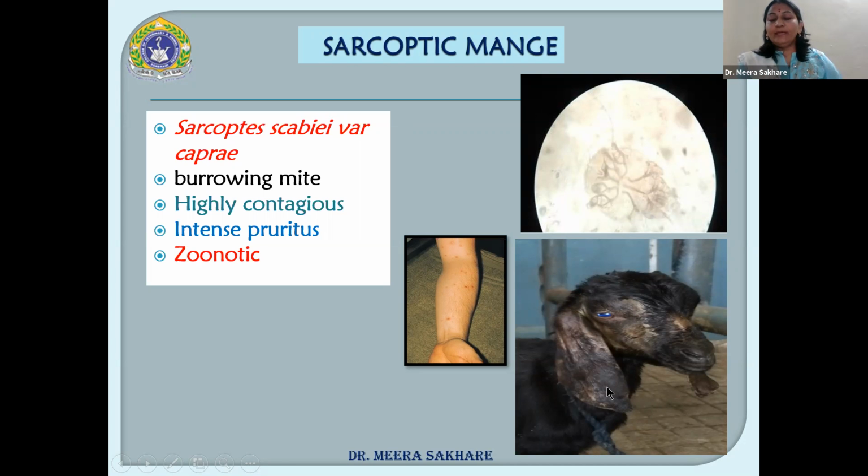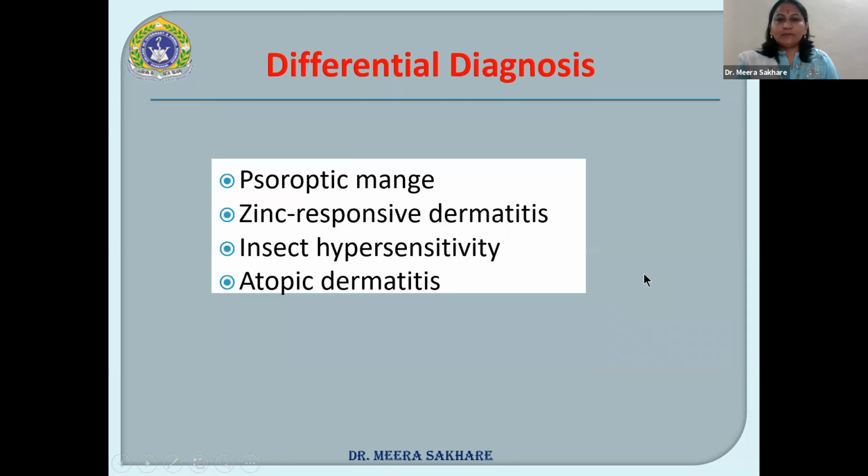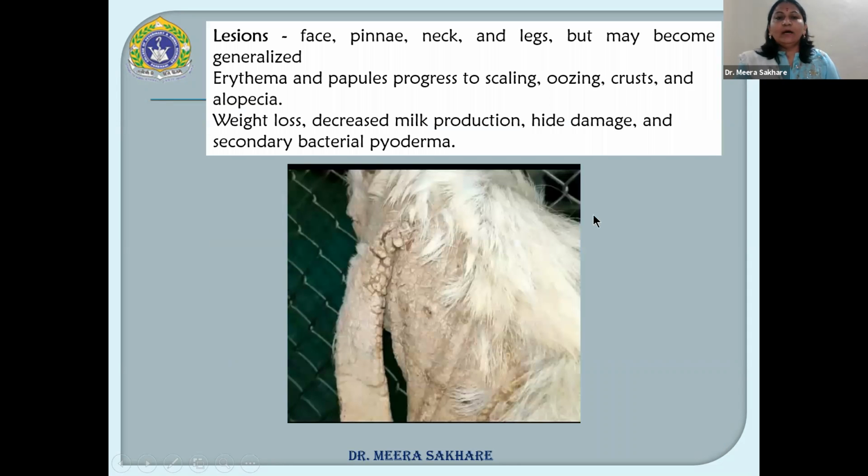In sarcoptic mange, mainly the head and ear of the animal are mostly affected. No doubt the whole body can be affected, but most of the lesions are found on the head, neck, abdomen, and thigh of the animal. Lesions can be seen on the face, or generalized.